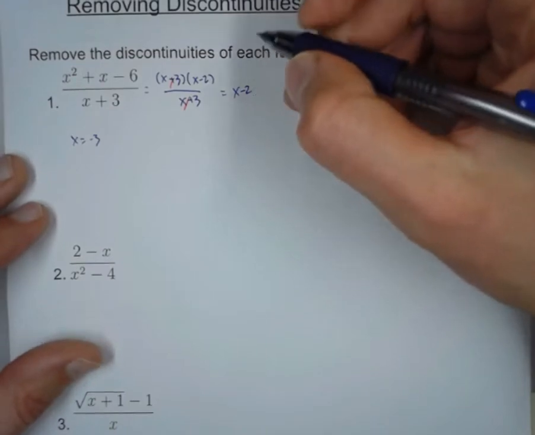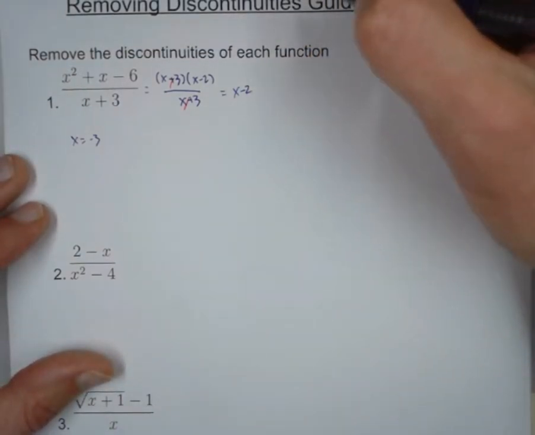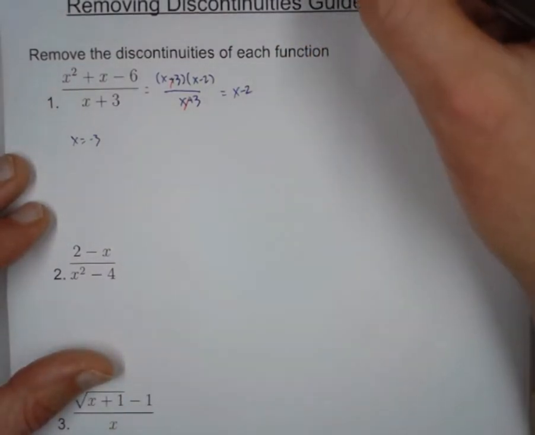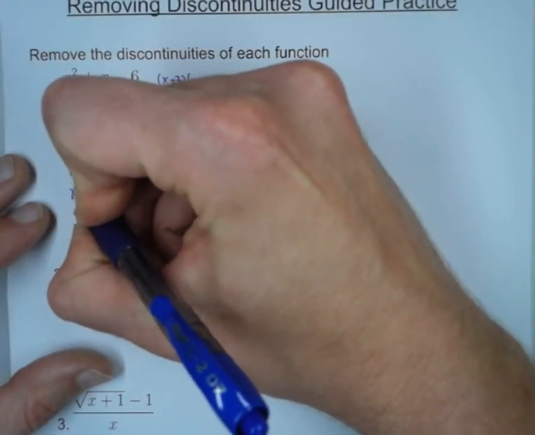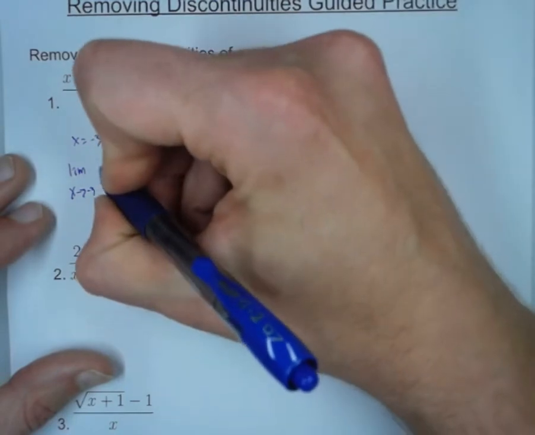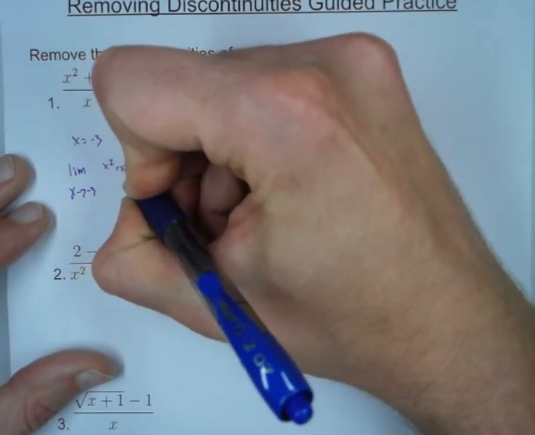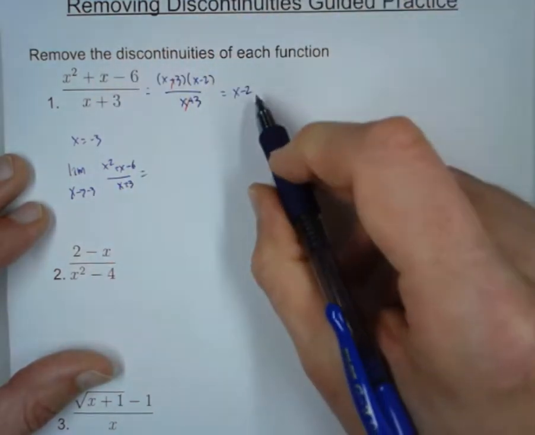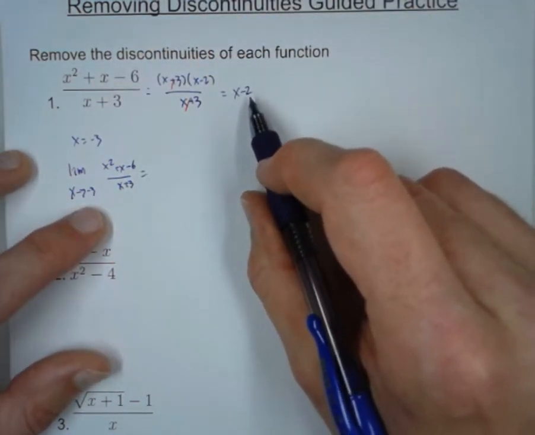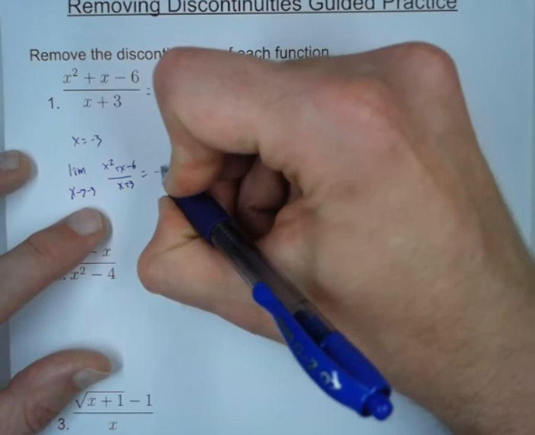And what we can use that for is to figure out, okay, we want this to be continuous. So in order to be continuous, the limit has to exist. So the limit as x approaches negative 3 of this function, x squared plus x minus 6 all over x plus 3 is, well, if I plug in negative 3 for x minus 2, I get negative 5.